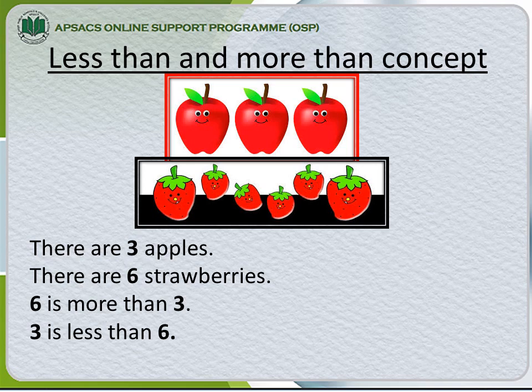There are 3 apples and there are 6 strawberries. 6 is more than 3 and 3 is less than 6. Smaller number is less than bigger number, or you can say bigger number is more than smaller number. That's all about this.